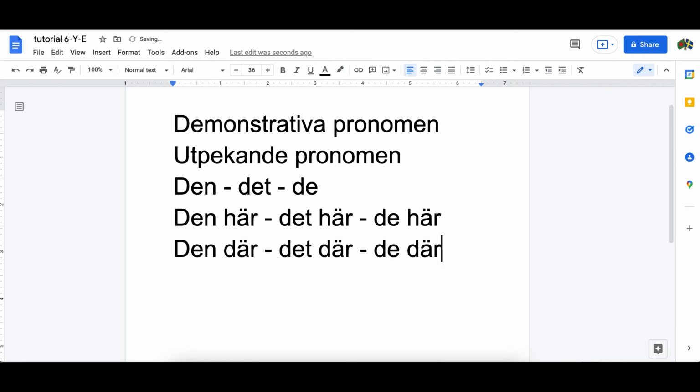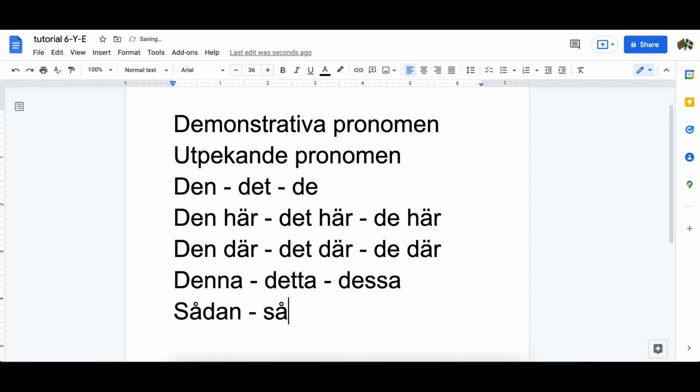Ni ser skillnaden här. Det är nästan samma. It's almost the same. Only här och där. Same här och där. Och så finns det denna, detta och dessa. Sen finns det sådan, sådant och sådana.